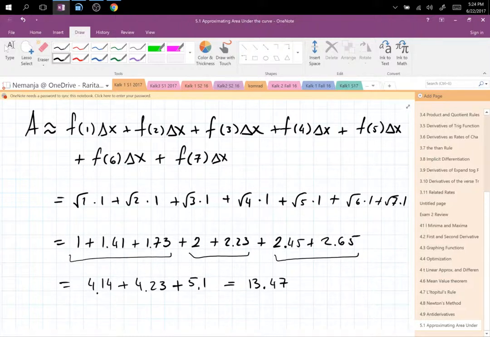As long as you understand that you're using a function to compute the height of the rectangle, you're using delta x, which is the width, you multiply the two, and you will get the area of a single rectangle. You have to do that for each one, and then as you compute all of them, you have approximated area.